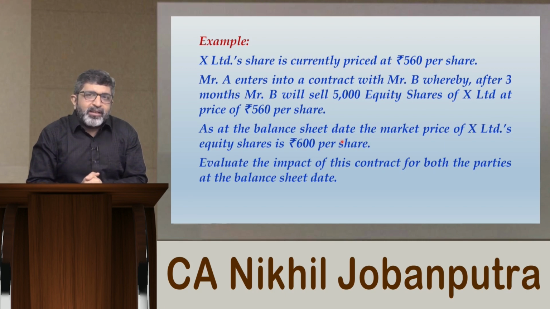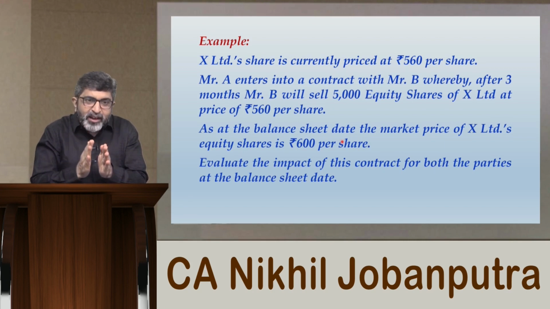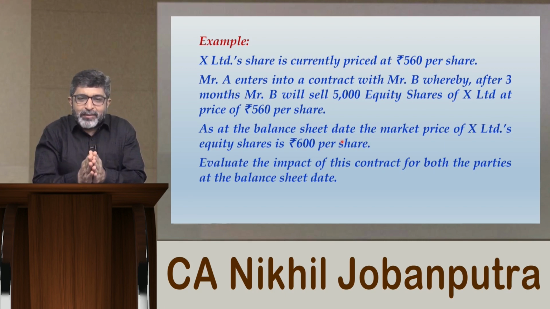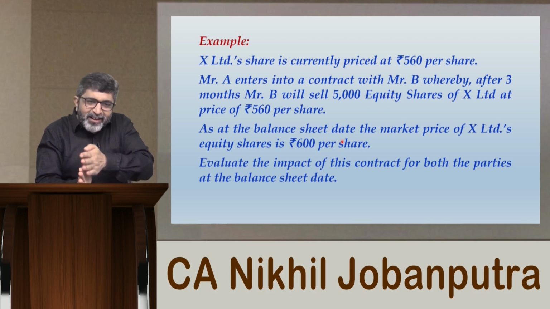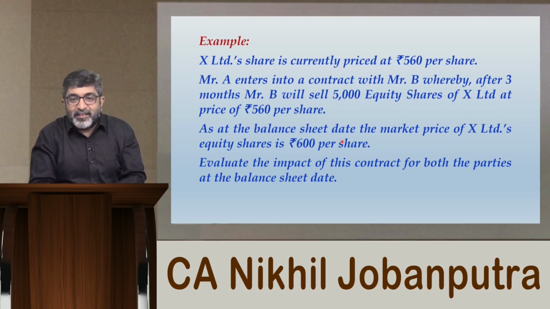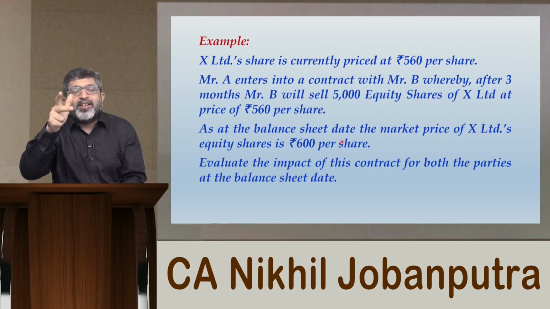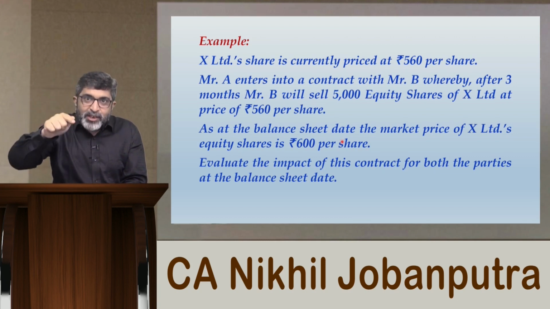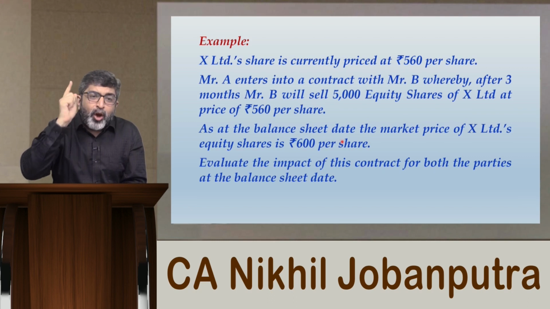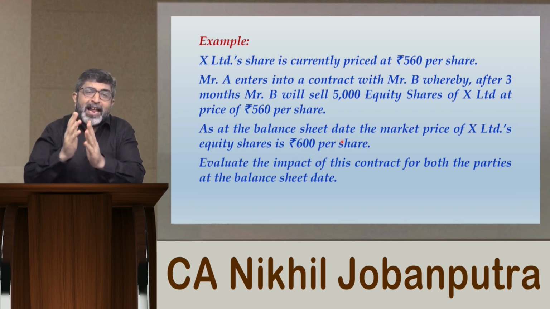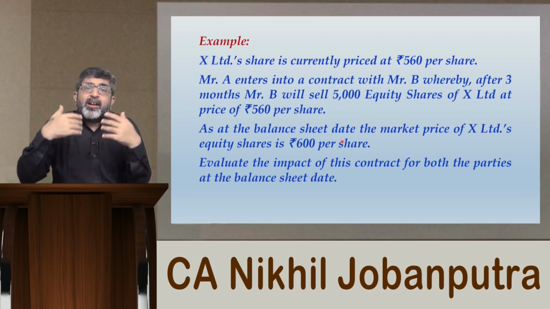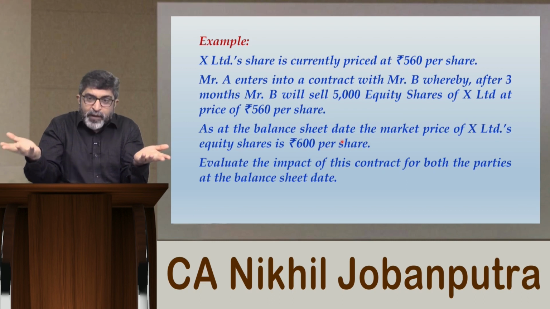You know what I am doing? As I told you, along with understanding the definition of financial liability, you would parallelly start understanding the definition of financial asset, because the clause talks this way: a financial liability is a contractual obligation to exchange financial assets with another entity under conditions that are potentially unfavorable.